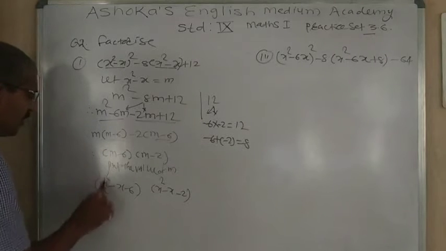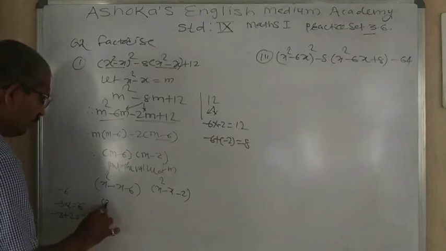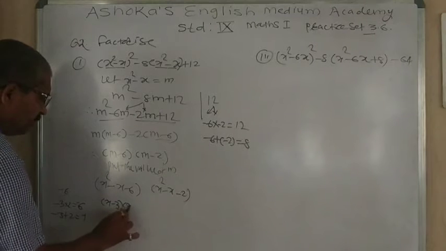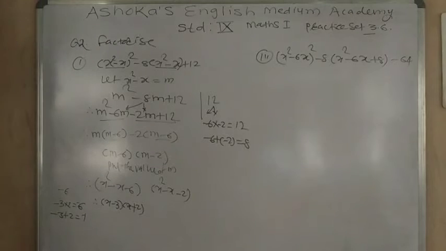So directly we can write the factors: for minus 6 and middle term minus 1, minus 3 into 2. You will get minus 6, and minus 3 plus 2 means minus 1. Therefore x minus 3 and x plus 2 are the factors of x square minus x minus 6.